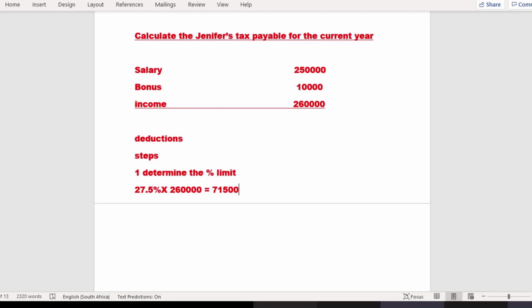And then it's step 2, annual contributions. What do you do on your annual contributions?